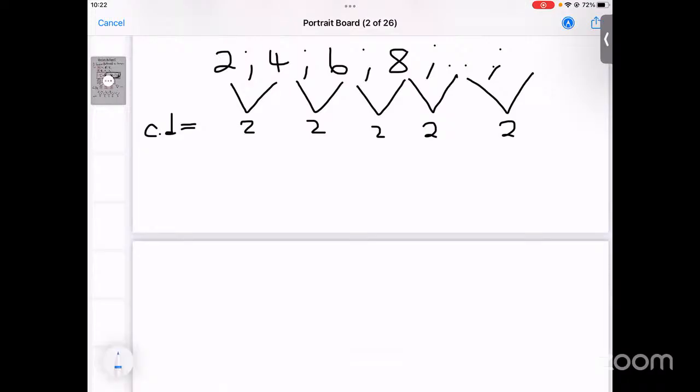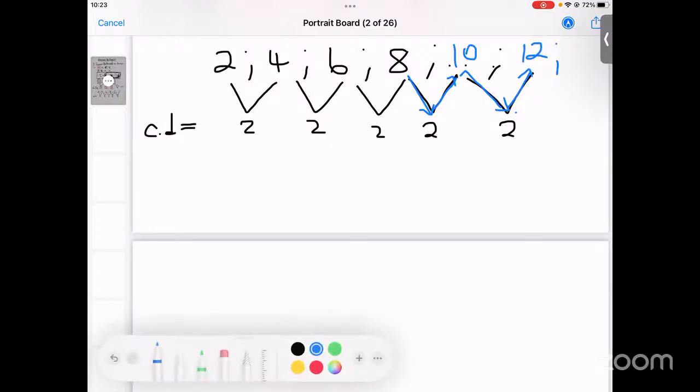So the easier way is to say this plus that, and it will definitely give you 10. Then 10 plus the common difference will give you 12.